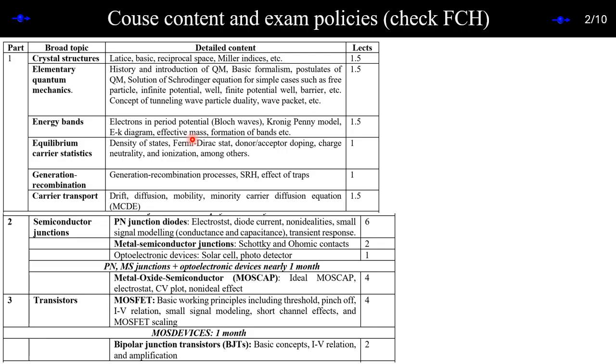So now you know carriers inside material or crystal. Are you getting the link? Now you know how many carriers are there, but you need to push the carriers so that they can move or flow. So that means now carrier transport.